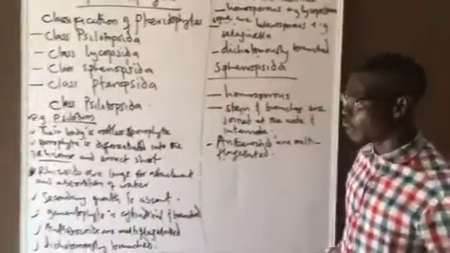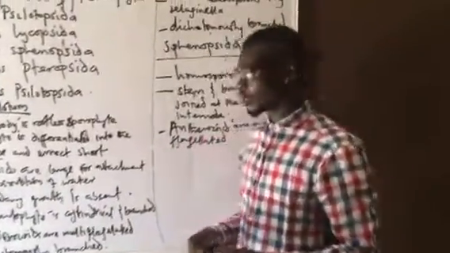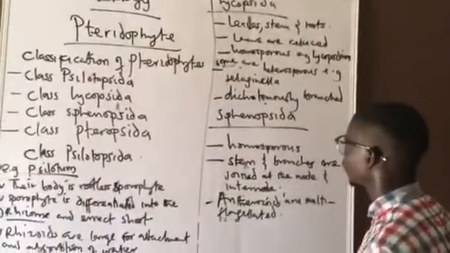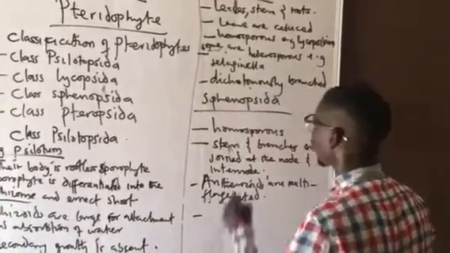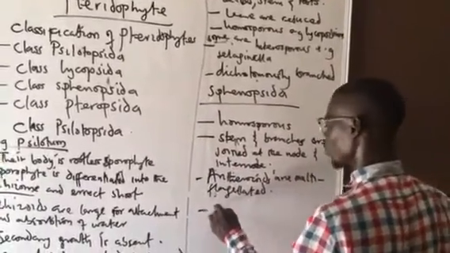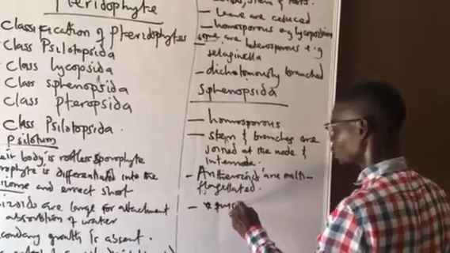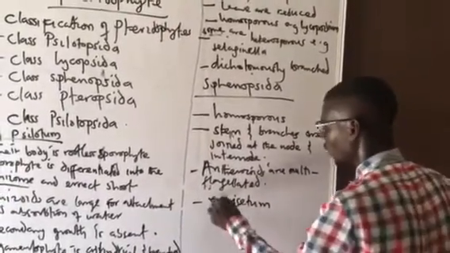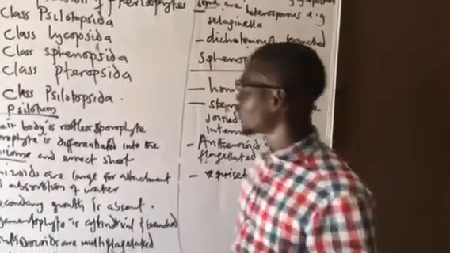So this Sphenopsida also, we have talked about the sporophytes, we have talked about the gametophytes, and they also possess rhizoids. An example of Sphenopsida is Equisetum, under the Equisetales.